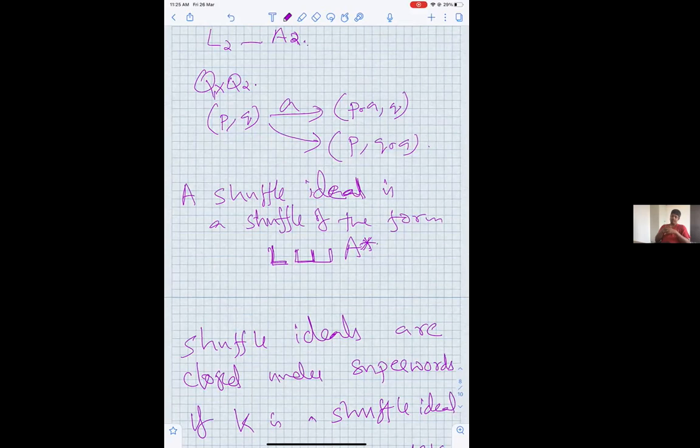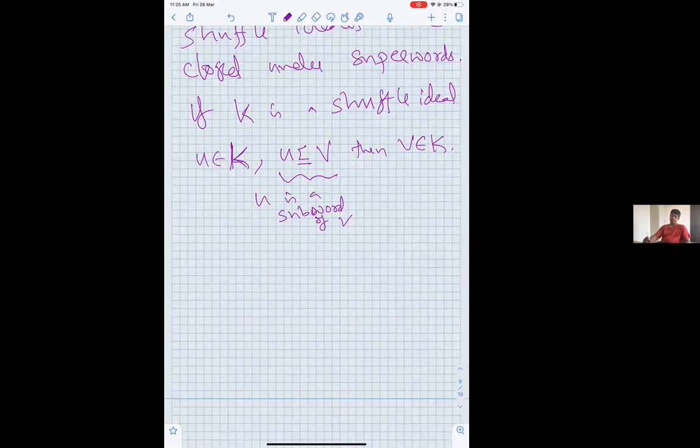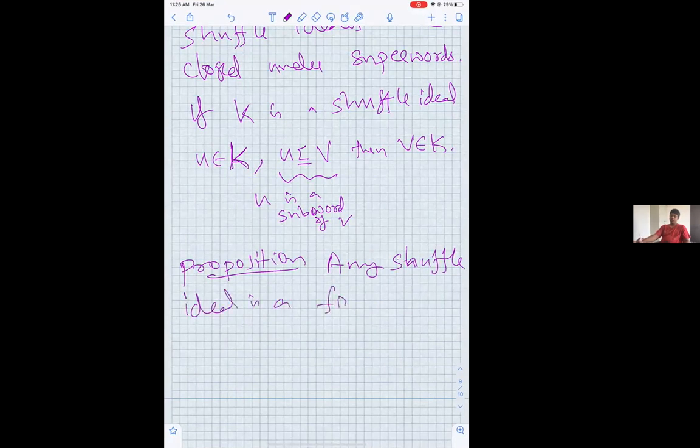That's why it's upward closed with respect to the subword order. Now, a remarkable fact about such a set is that any shuffle ideal is a finite union of simple languages.